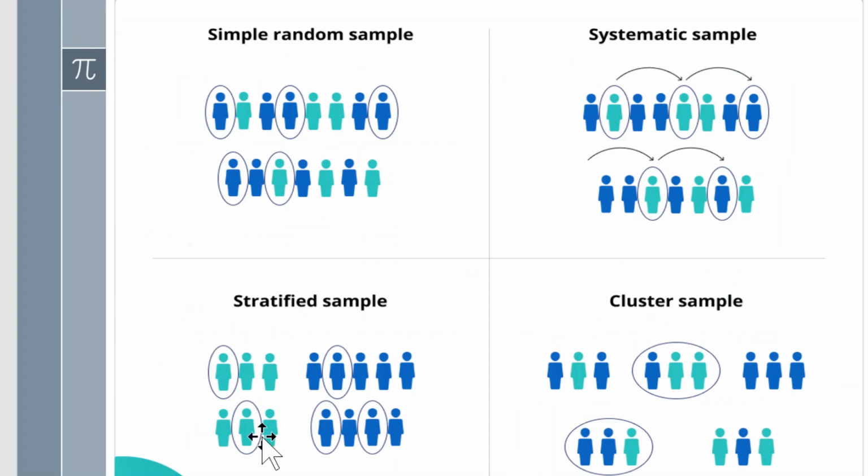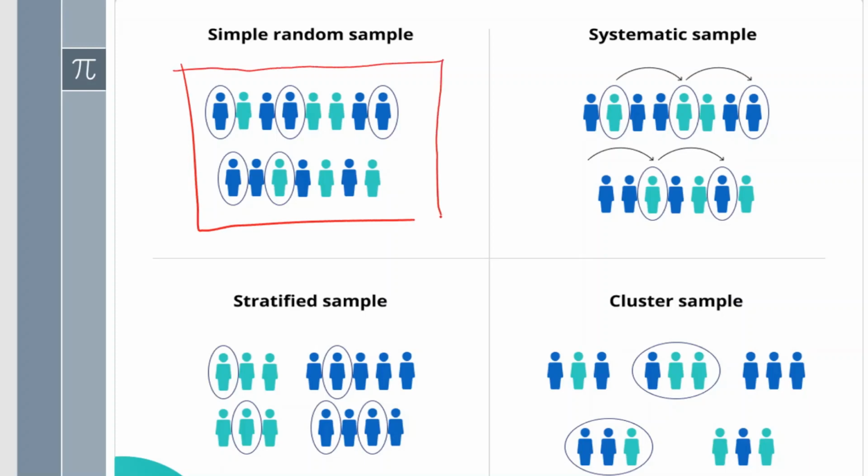Now, this is an example to further understand what those mean. In simple random sampling, if this is your whole population, everybody has the chance to be part of your study.